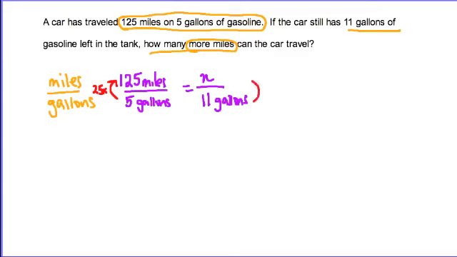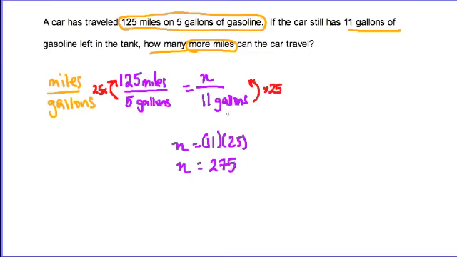So I'm going to do the same thing to the other side of my proportion: 11 times 25. Let's just work that out. 11 times 25, n is equal to 275.